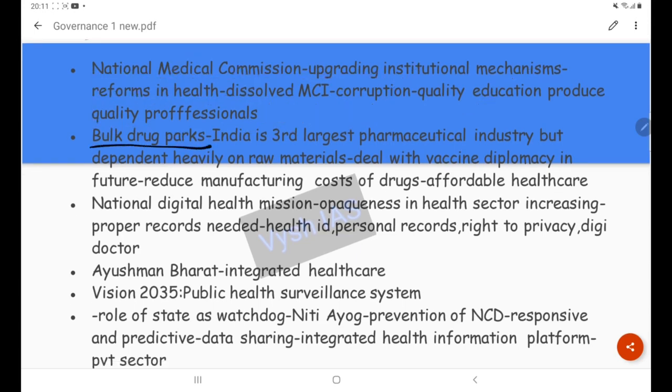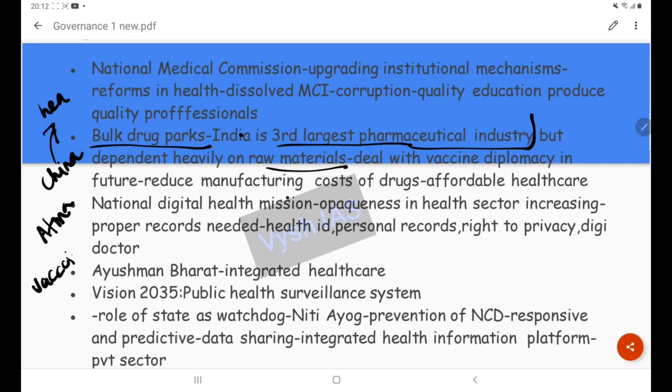Next is bulk drug parks. Okay, you can link it with Atmanirbhar Bharat. India has the third largest pharmaceutical industry, but still it is dependent on China and others for heavy raw materials for its pharmaceutical industry. Depending upon China is not going to ensure any health security for India, because during this COVID time, we have come to know about vaccine diplomacy.